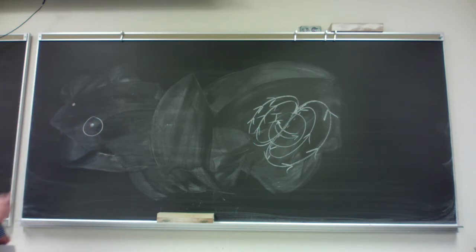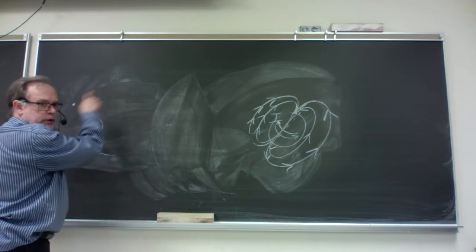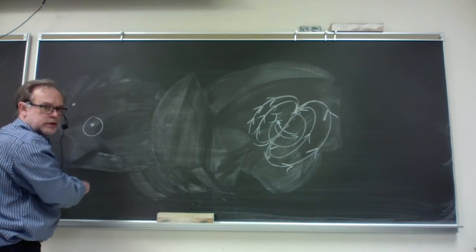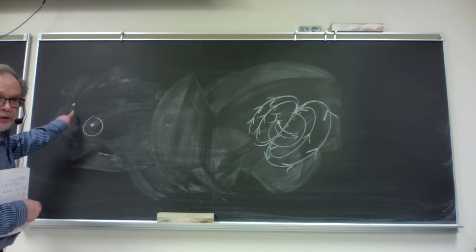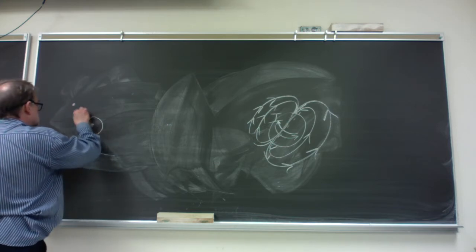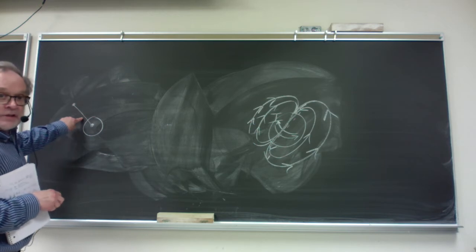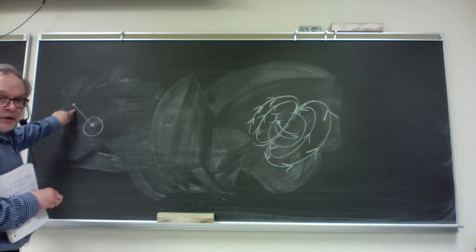Current is coming this way, which means the field lines are flowing counterclockwise again. Just draw a line that connects the source to the point that you're interested in. That, of course, is the radius of the circular field line upon which this point sits.